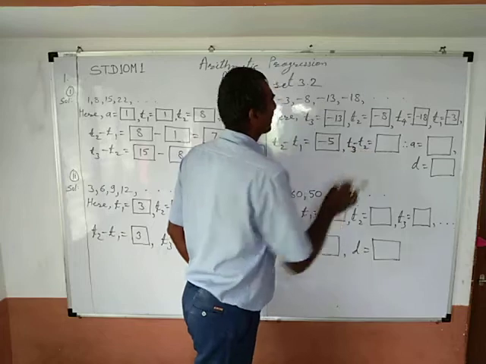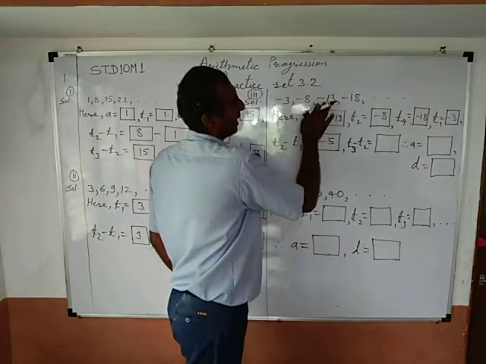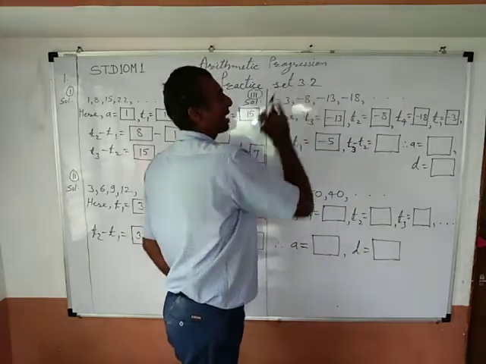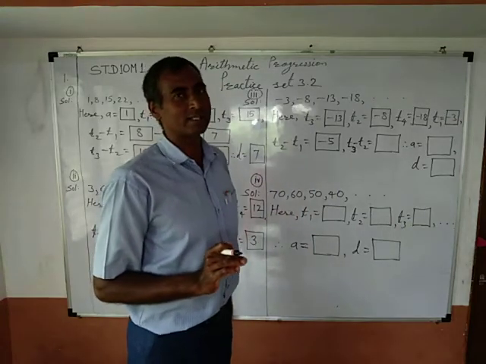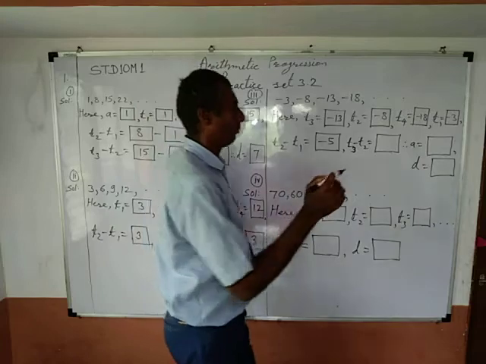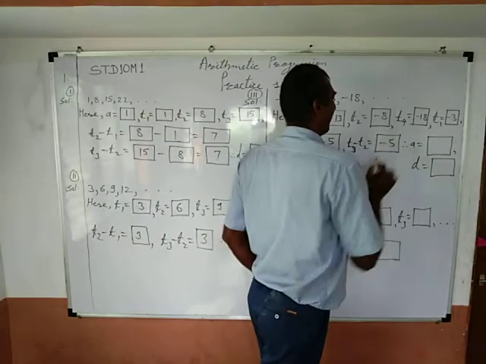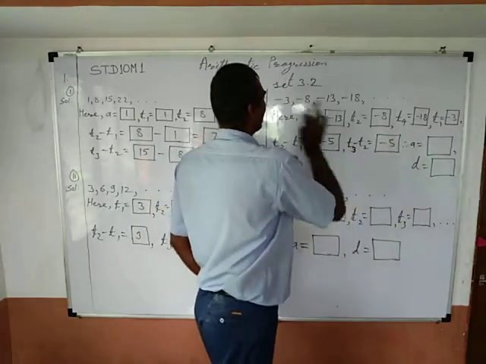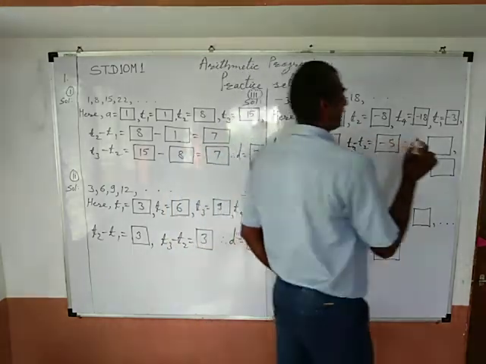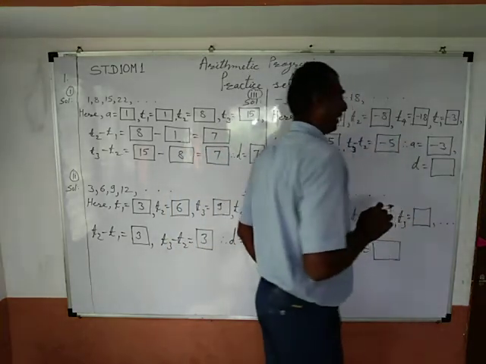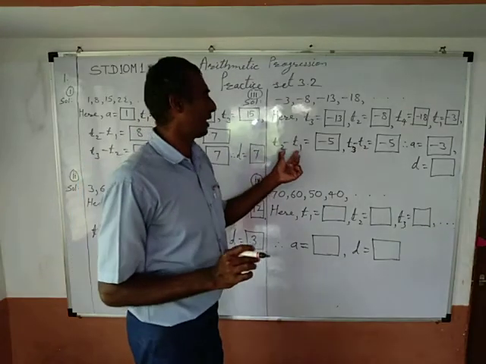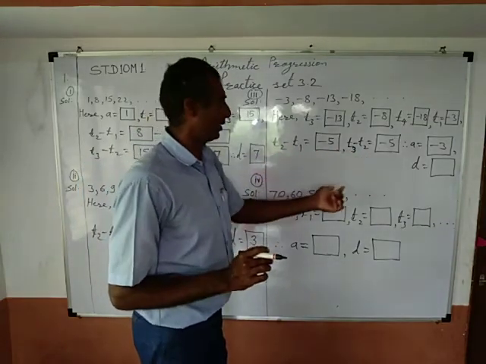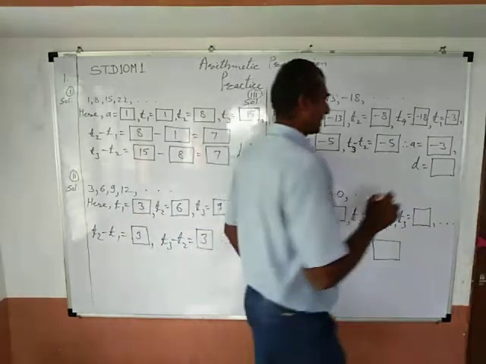Similarly, T3 minus T2 equals minus 13 minus of minus 8 equals minus 13 plus 8 equals minus 5, and therefore A is the first term, that is T1, which is minus 3, and D is the difference between two consecutive terms, T2 minus T1 or T3 minus T2, which is minus 5.